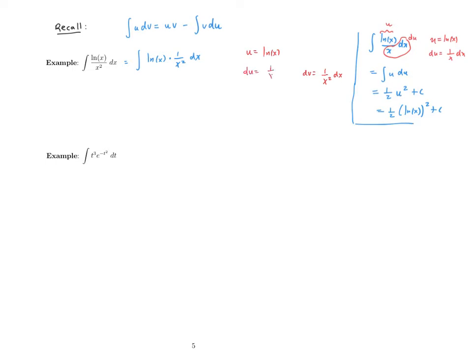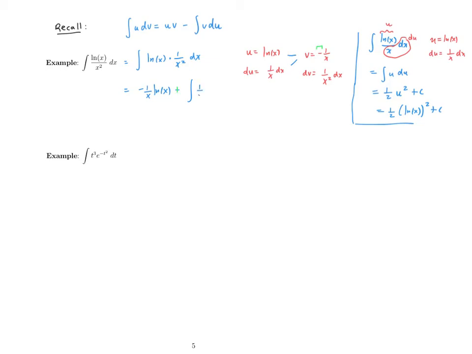du is 1 over x, and v would be the antiderivative of 1 over x squared. So let's see what we end up with. uv minus the integral of v du. With the v, you have a negative sign. So that negative sign can be pulled in front of the integral, turning the minus into a plus.